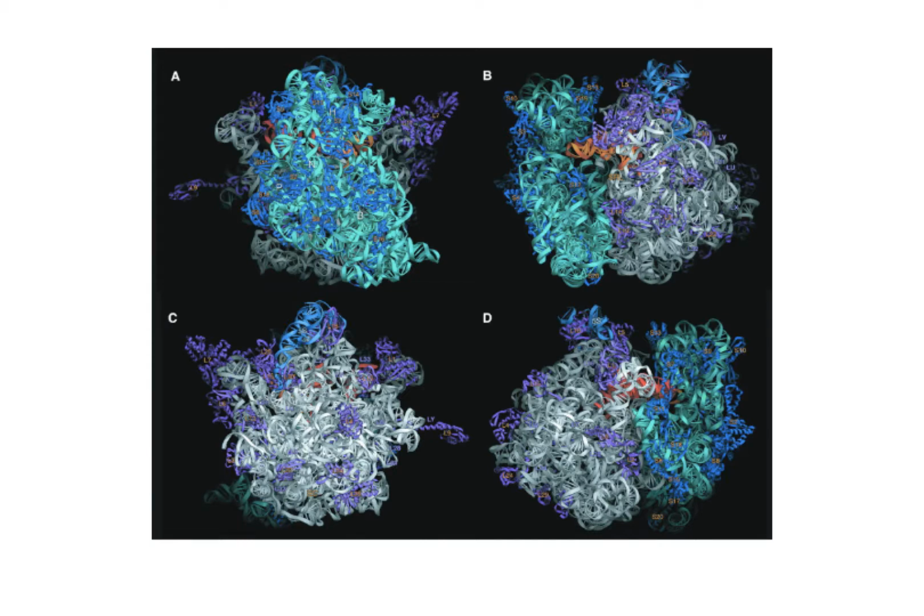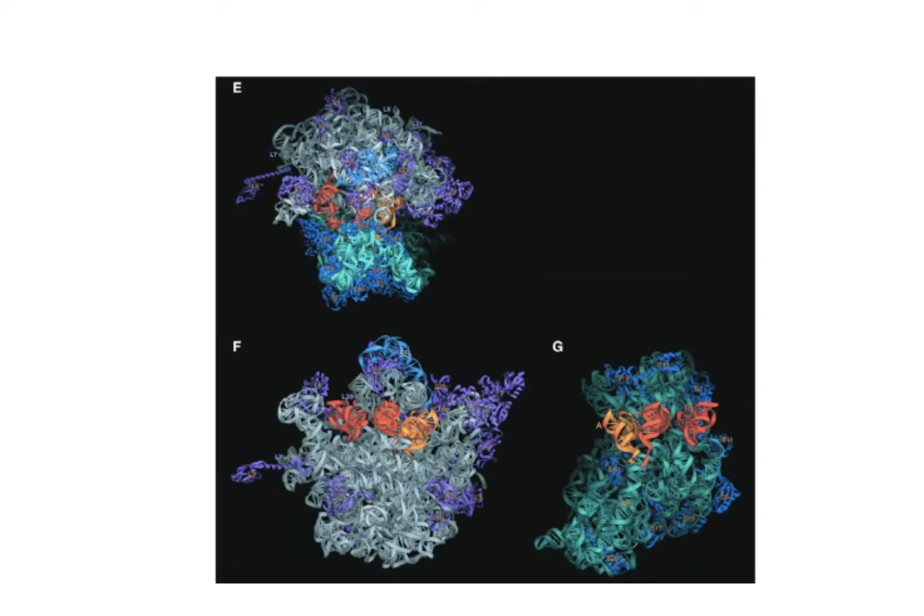So if you look at these side views, this orange tRNA here is the one entering, bringing the new amino acid in. And this red one on the other side of the ribosome, that's the tRNA that has lost its amino acid and is coming out of the ribosome on that end. And this is again opening the ribosome up.